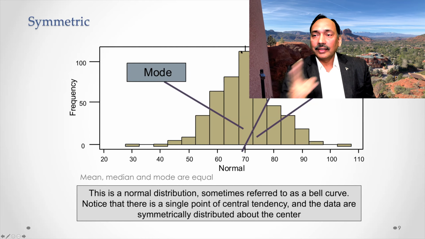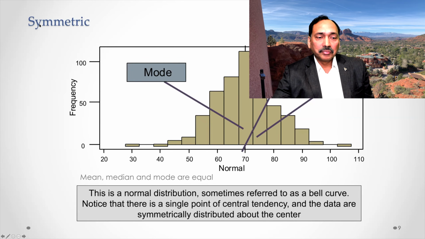If you cut this histogram from the middle and fold it on a piece of paper, the halves will match because they are symmetric. One feature of a symmetric histogram is that mean, median and mode are approximately equal. I would not say equal, but approximately equal, because you cannot get a perfectly symmetric histogram.